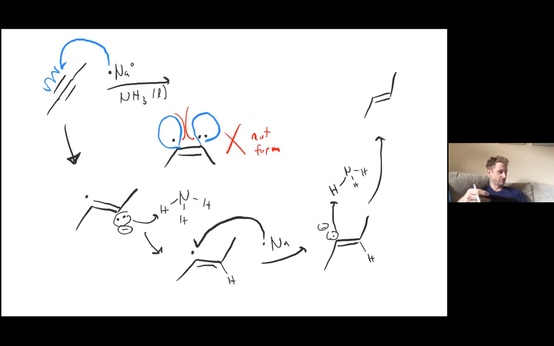So to summarize reductions: if we had H2, we could fully reduce this down to an alkane here.